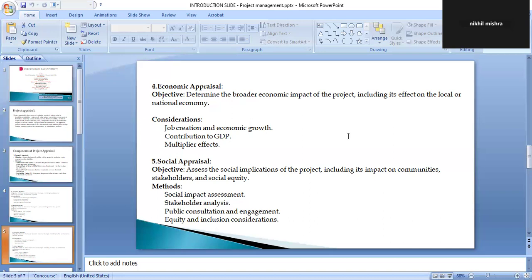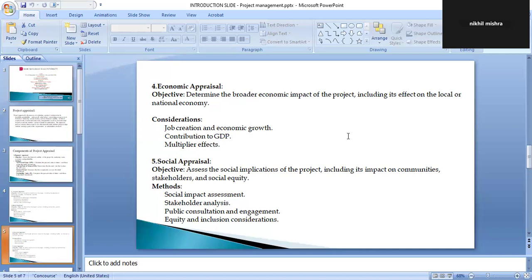Then there is a social appraisal also, which is part of appraisal techniques. Social appraisal assesses the social implications of the project, including its impact on communities, stakeholders, and social equity. How much the project is contributing towards society and what cost society is going to bear for that particular project.